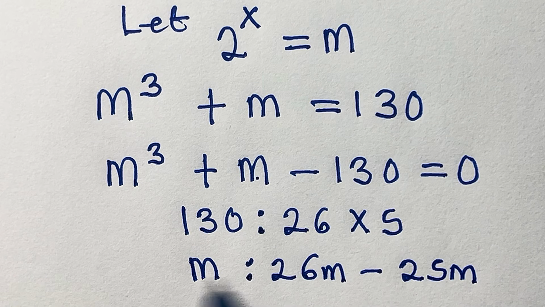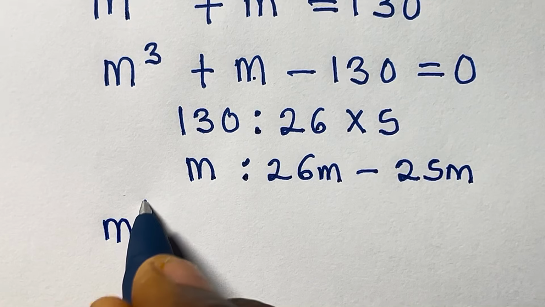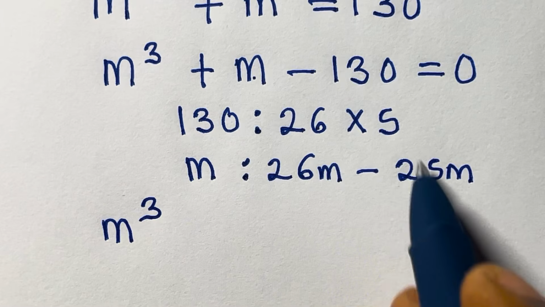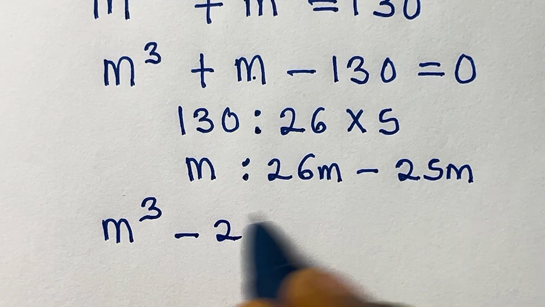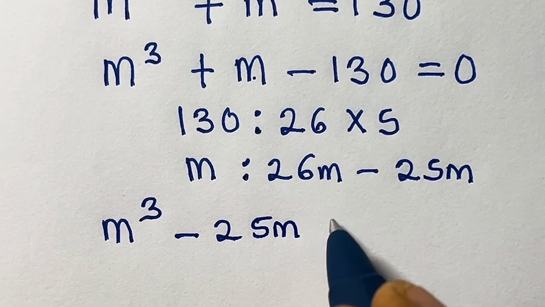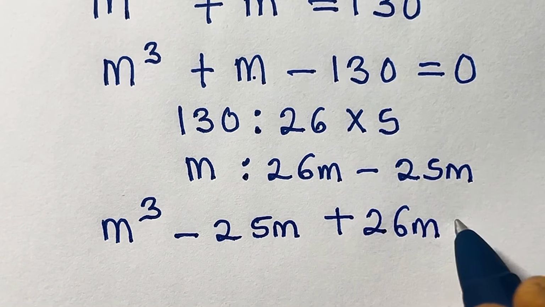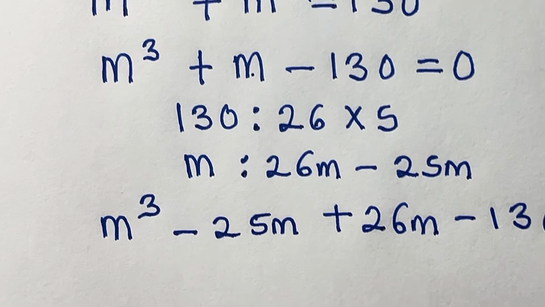So this implies that we will have m raised to power 3. Let's replace m with this. We have minus 25m plus 26m, then we have minus 130 equals 0.